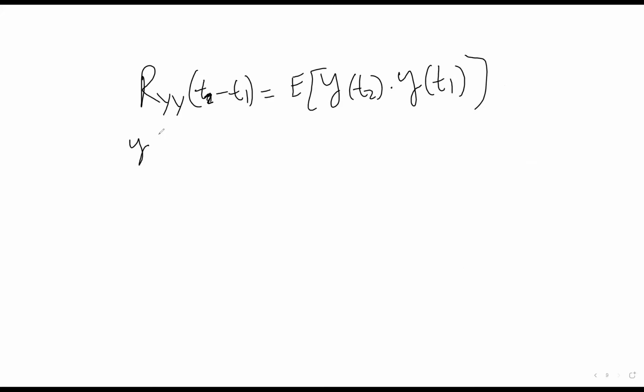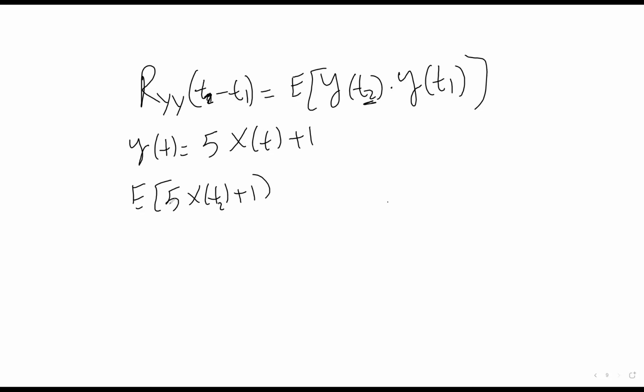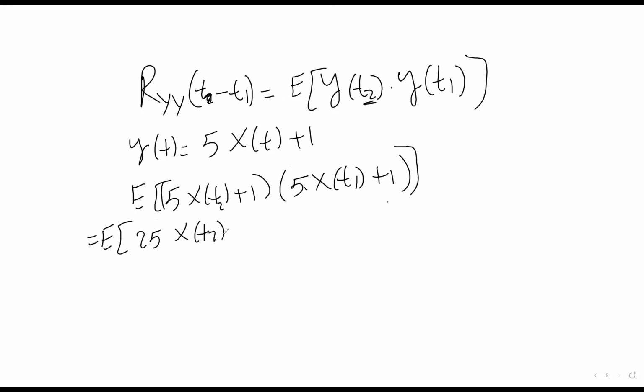Okay, we said that y of t equals 5 x of t plus 1. We substitute here, so it becomes the expectation of 5 x at t2 plus 1, times 5 x at t1 plus 1. You just multiply this out, so it will be the expectation of 5 times 5, 25, x of t2 times x of t1, plus 5 x of t2, plus 5 x of t1, plus 1.